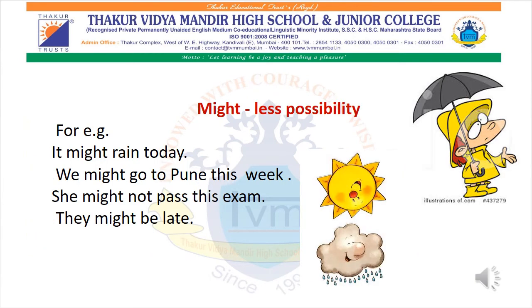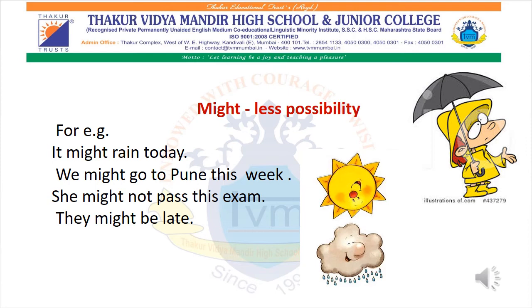Now, as I mentioned earlier, may and might are somewhat closely connected, but the modal auxiliary word might talks about less possibility. Now what is the meaning of less possibility?